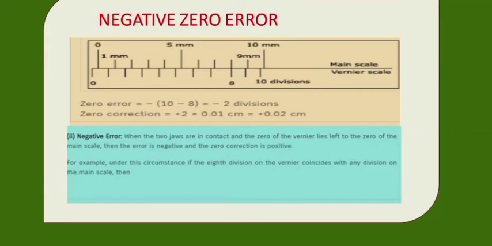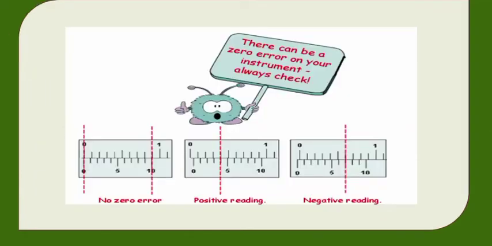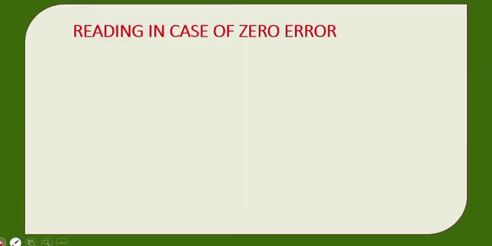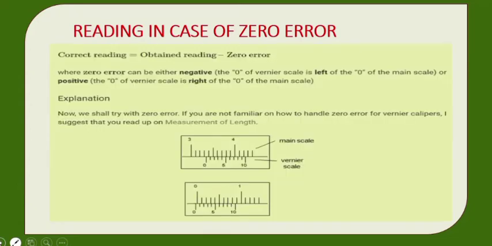Always before taking a reading, you must check: is there zero error? If yes, then check whether it is positive or negative. Now we are going to take a reading in case of zero error. Look at the last picture. Here is zero error. 6 divisions of the vernier scale coincide with the main scale, but the zero is on the left hand side. Here is negative zero error.